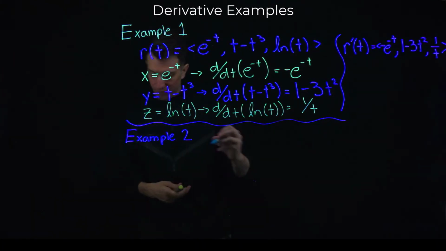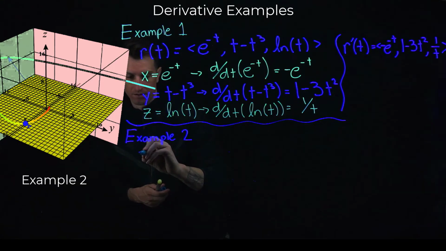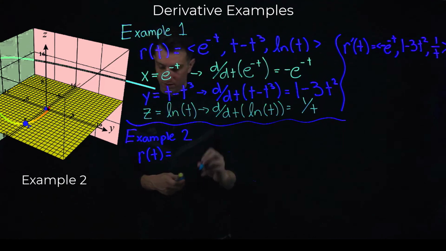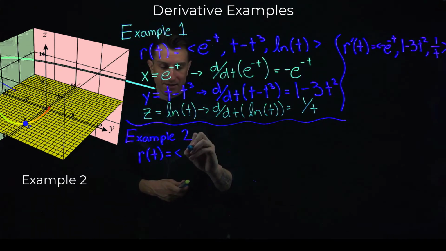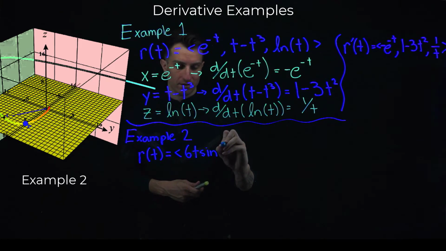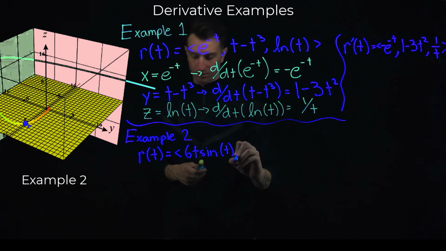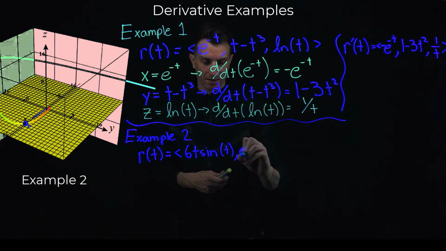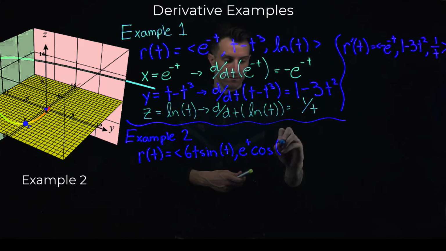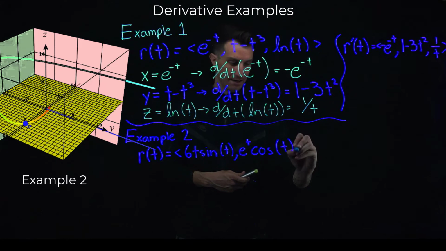So let's say example 2, we have r of t is equal to 6t sine of t, comma, e to the t cosine of t, and the last one we'll just do e to the negative t again.